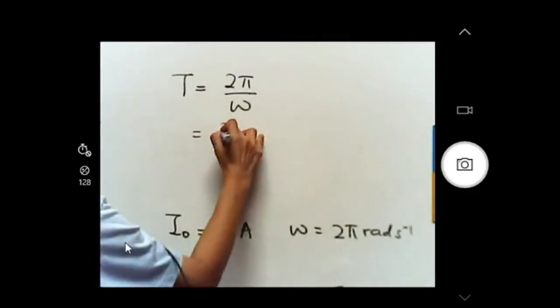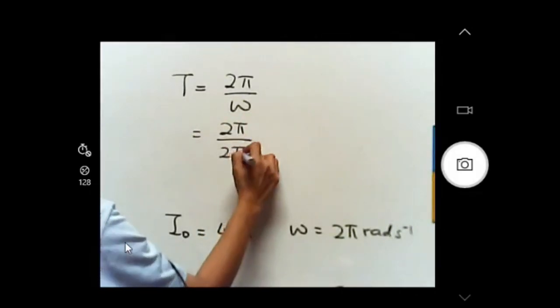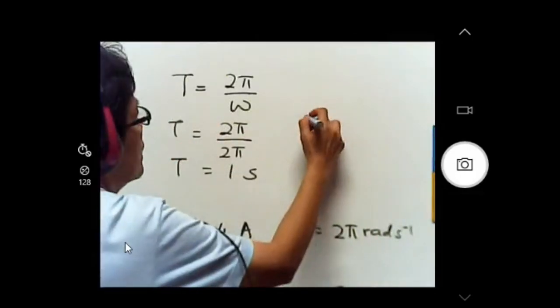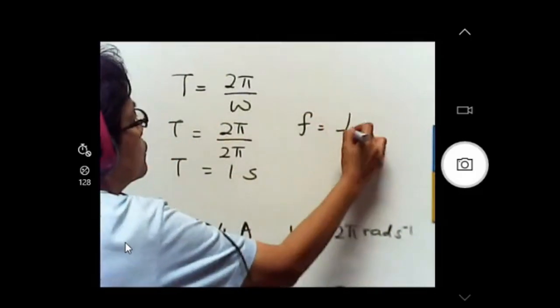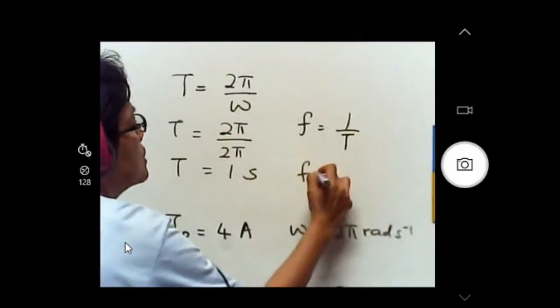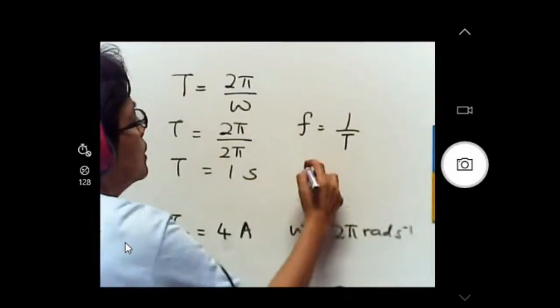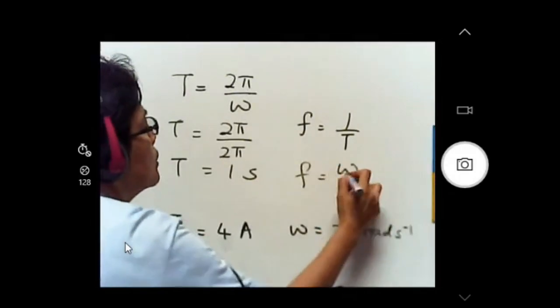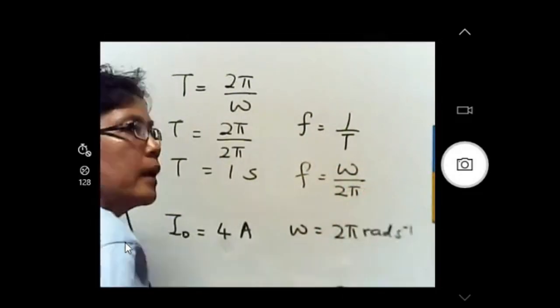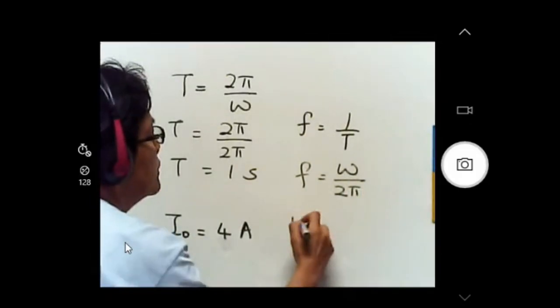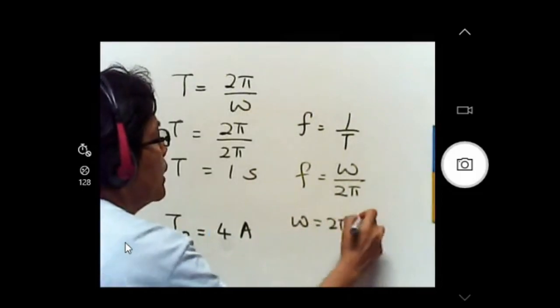So I just substitute 2 pi over 2 pi, so the answer is 1 second. Or maybe I want to calculate frequency, so 1 over period. Or I can use frequency equals angular frequency divided by 2 pi. This equation comes from angular frequency being 2 pi f.